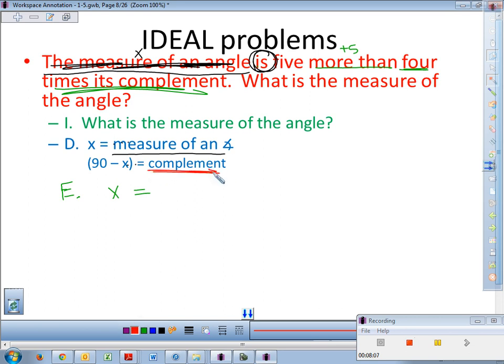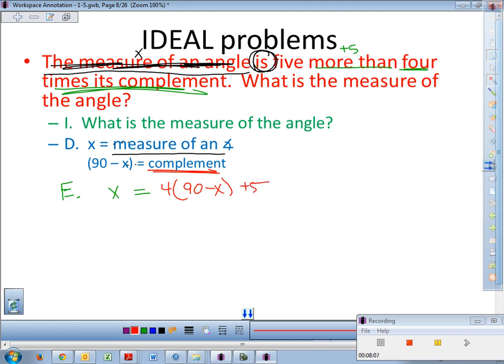It's 90 minus x. I need 4 times that. So how would I write that? 4 times the quantity of 90 minus x. This right here says 4 times the complement. Correct? Is there anything else I need in this equation to finish it off? We've got to throw that plus 5 at the end. There is our equation right there.